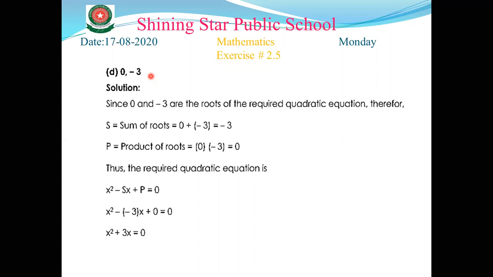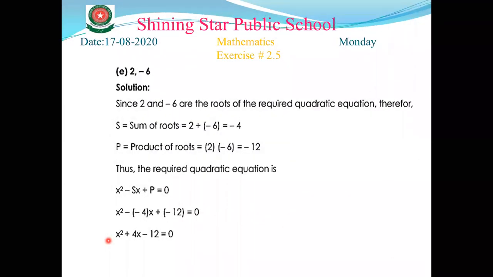So the required quadratic equation is x square minus sx plus p, where s is minus 3, so minus minus gives plus 3, and p is 0. So it means x square plus 3x equal to 0. And you can also check your answers.